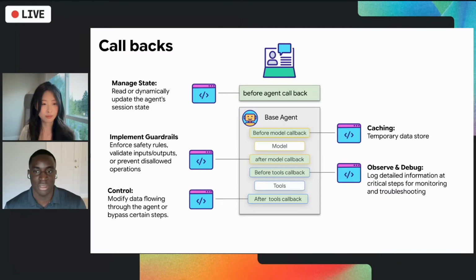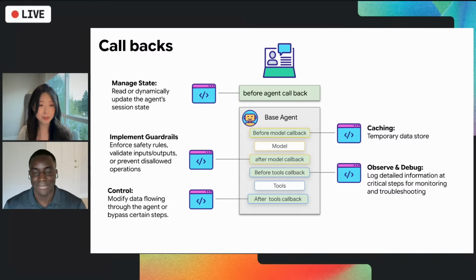Oftentimes in agentic applications, for example as a customer service agent or as part of a health-critical use case like a hospital workflow, you want to make sure you're not passing PHI to the model, or getting sensitive information output from the model. Model Armor is a good way of filtering that information before it reaches the model or after it gets output by the model. So you can use it as a before agent or after agent callback, either one.